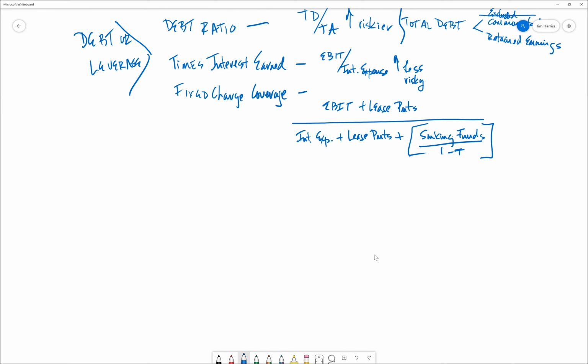And what this does is, if you're looking for off-balance-sheet items, that would be leases. They can use leases to try to fool an analyst into thinking they're not as leveraged as they really are.